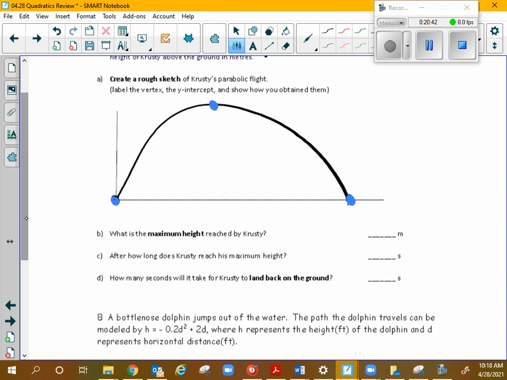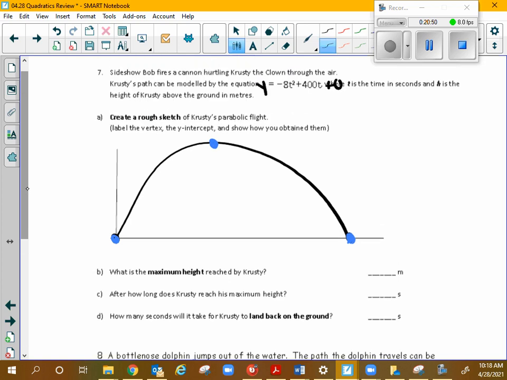The first question says, what's the maximum height? Well, that's part of my vertex, but I've got to figure some other stuff out first. I know my equation is negative 8t squared plus 400t. I'm going to have to find my zeros eventually. How would I find my zeros on that function? Okay, plug it in. Or factor it.